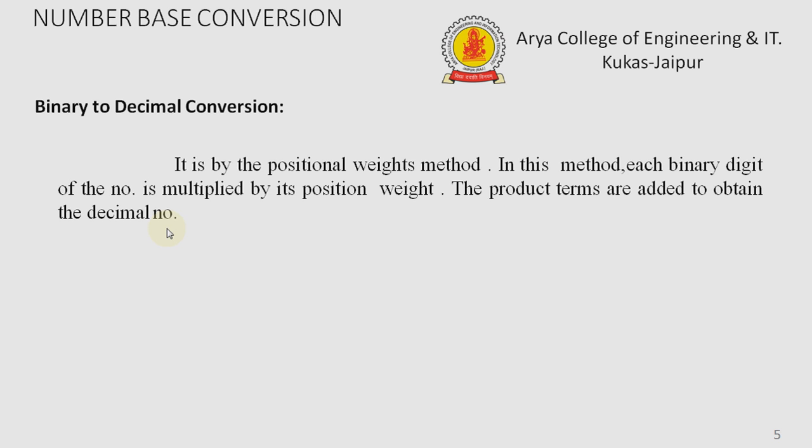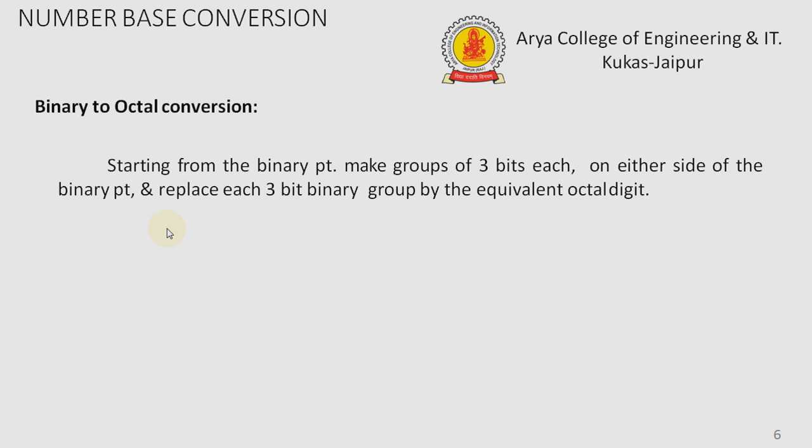I multiply 0 with 2 raised to 0, the answer is 0, plus 1 multiplied by 2 raised to 1, the answer is 2, and then 1 multiplied by 2 raised to 2, the answer is 4. So the total is 4 plus 2 plus 0, which is 6. This is the way we can convert a binary number into a decimal number.